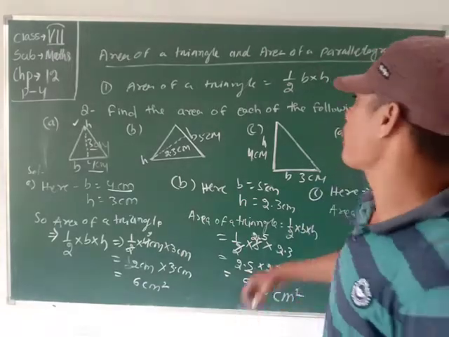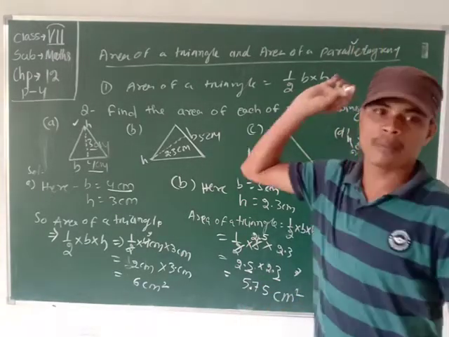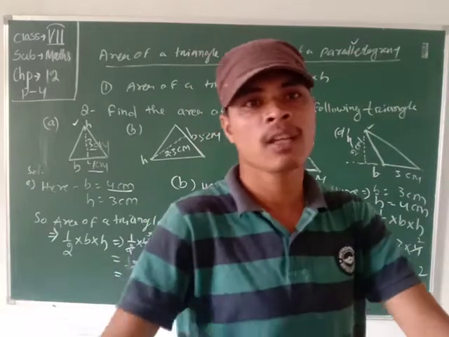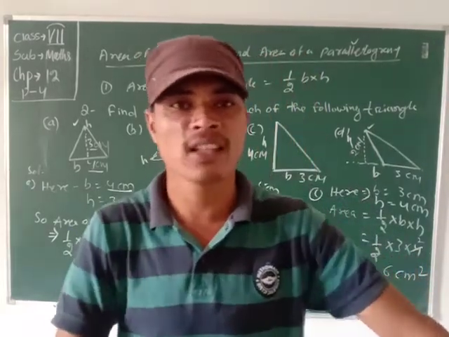Okay, now we will find the area of a parallelogram. How can we find the area of a parallelogram? Last class we derived that the area of a parallelogram is equal to base into height.